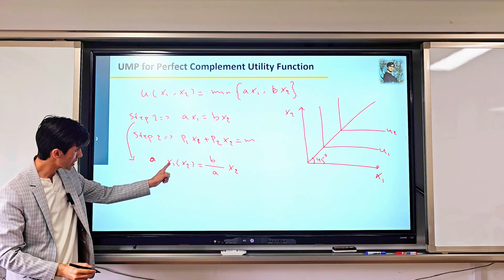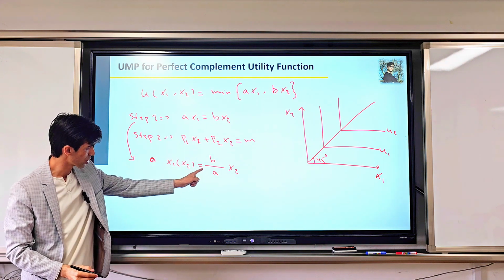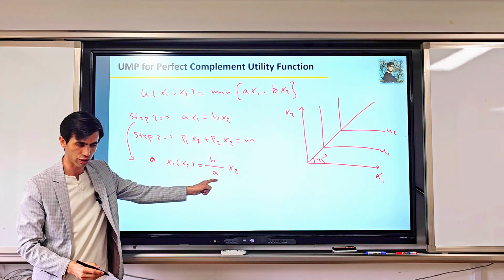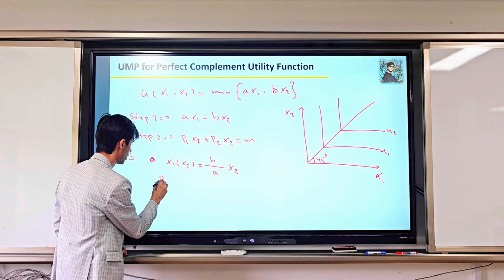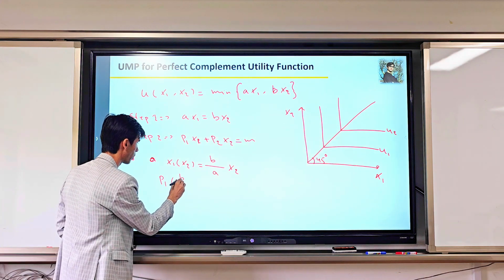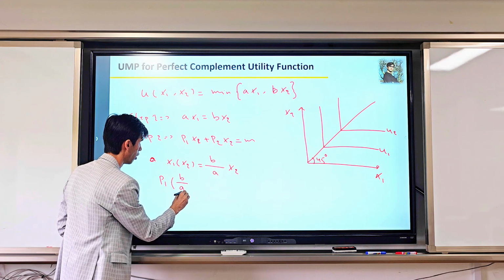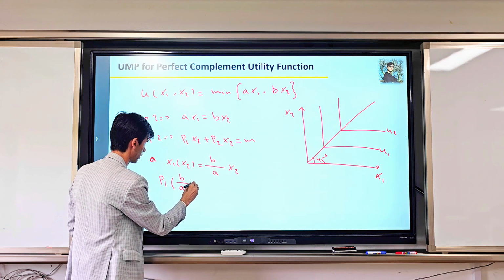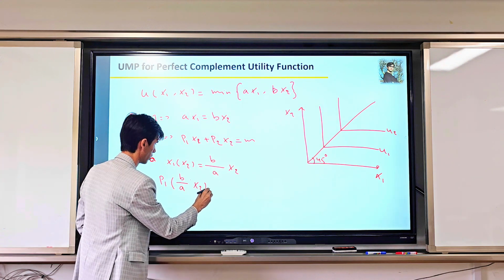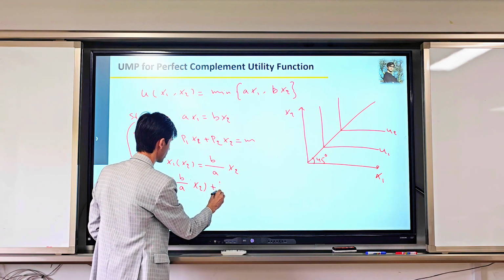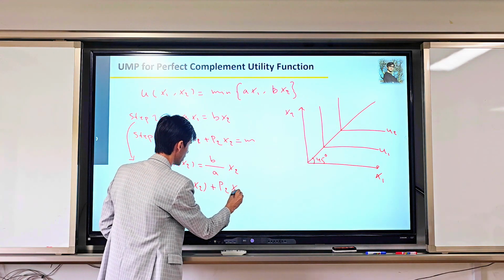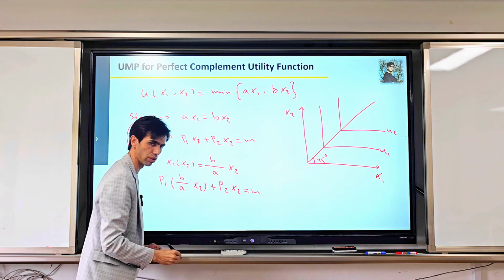Now, instead of x1 in the budget constraint, plug in the value in terms of x2. So we will have p1 multiplied by b over a times x2 plus p2 x2 is equal to m.